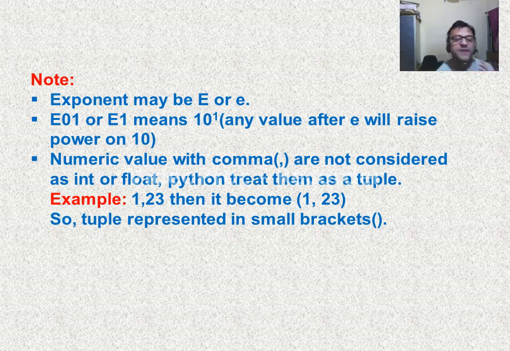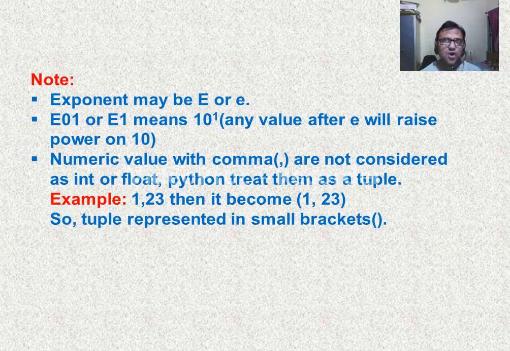Next, numeric values with commas are not considered as int or float. Python treats them as a tuple. So many times mathematically we write 1023 like 1,023.